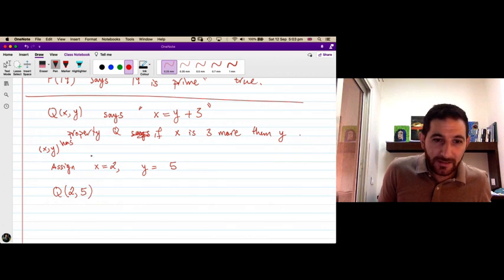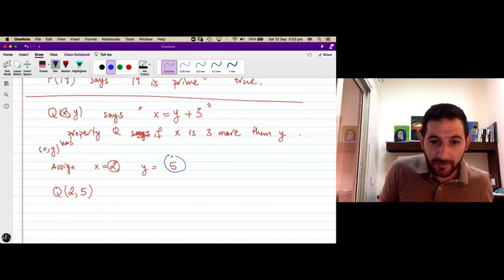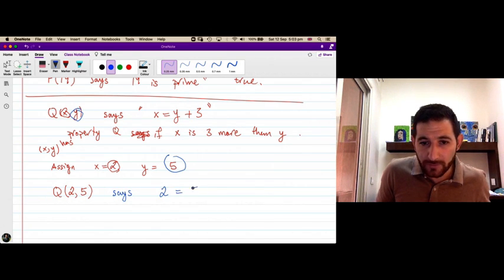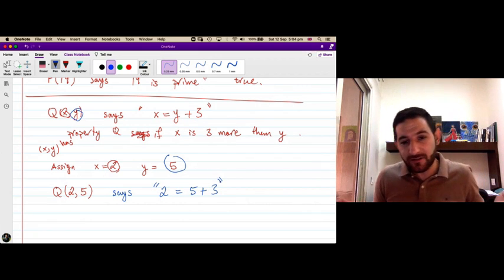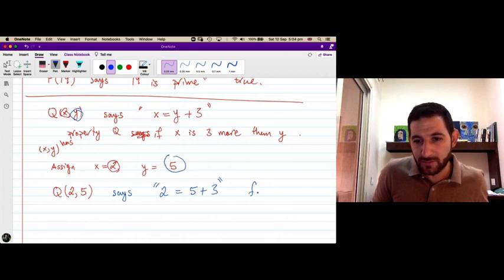So this means substitute 2 for x and substitute 5 for y. And what does it say? This is now a proposition which says that 2 is equal to 5 plus 3. Okay, so this is a declarative statement which says if you add 3 to 5, you get 2. But this is a false proposition.